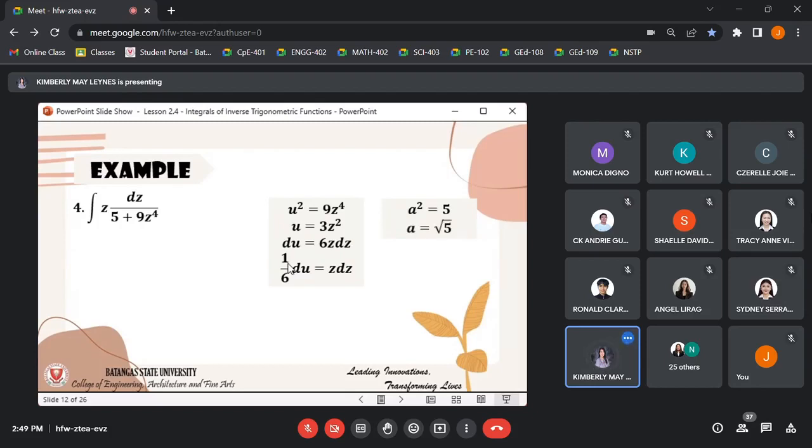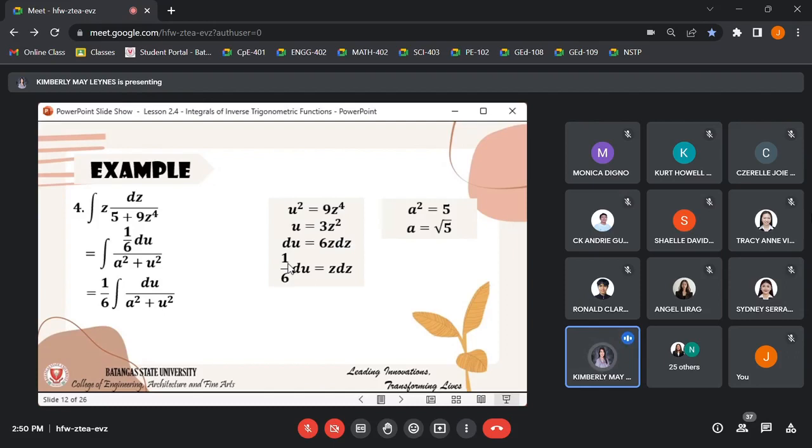And then, apply lang natin ng substitution, yung z dz na palitan ng 1/6 du. Sa denominator natin, yung 5 naging a squared, and yung 9z to the fourth naging u squared na po siya. Okay, and with that, simplify lang po natin by labas muna si constant multiple, integral ni du over a squared plus u squared, formula number 17 po ulit.